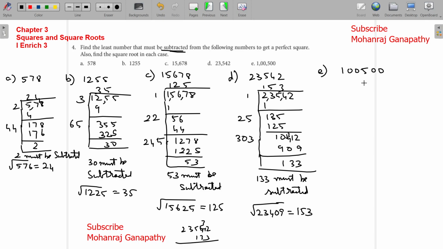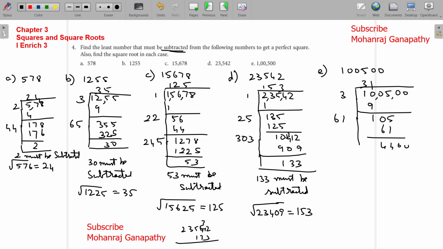E. 100500. Separate two numbers from the last. 3 threes are 9. Remainder 105. 3 twos are 6. Into 2 exits. So 1 time, 61. 4 fours. 62. 6 sixes are 36. 12 plus 3, 15. 36, 37.